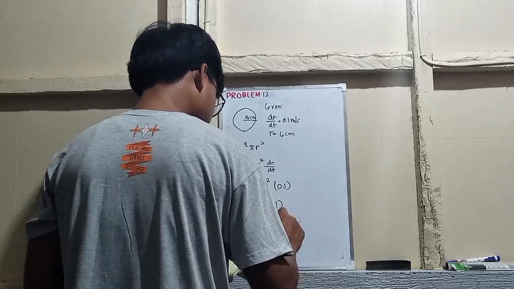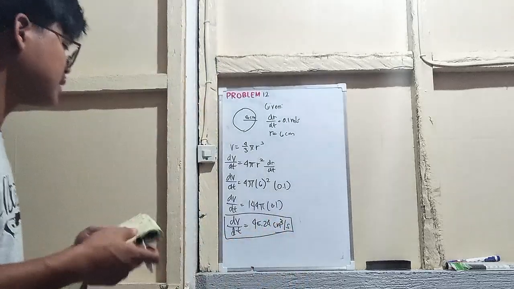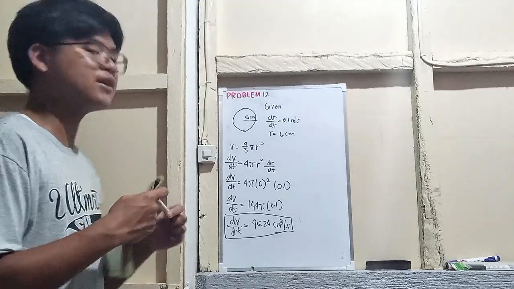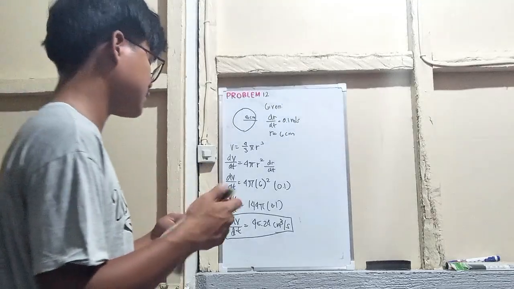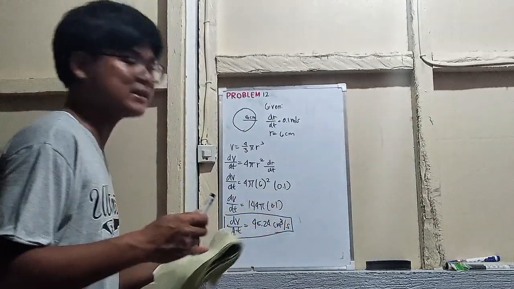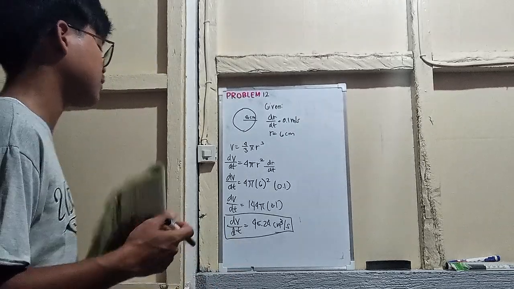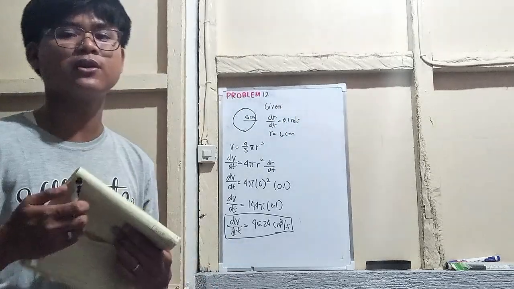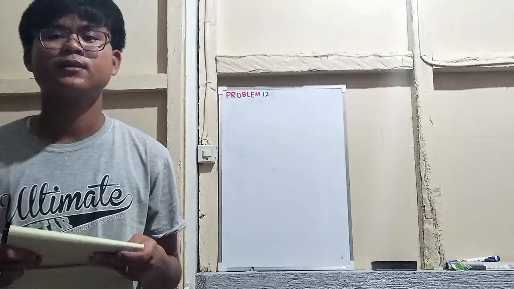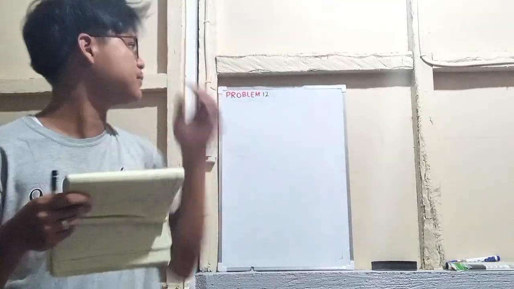So this is the final answer. This is the rate of volume when it is increasing when the radius is 6 centimeter. So dV/dt is equal to 45.24 centimeter cubed per second. So we'll proceed to problem 13.